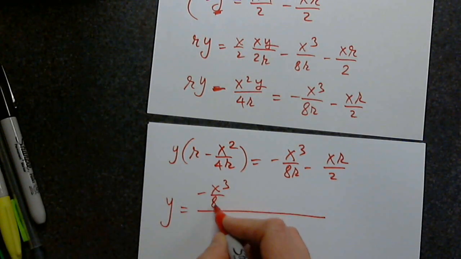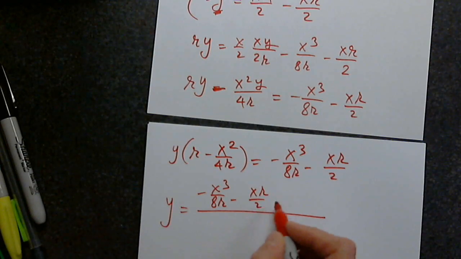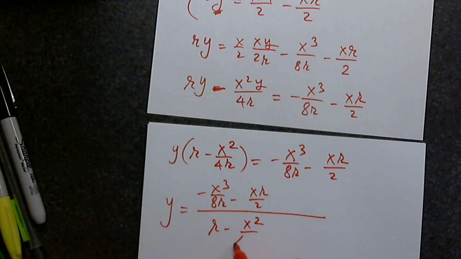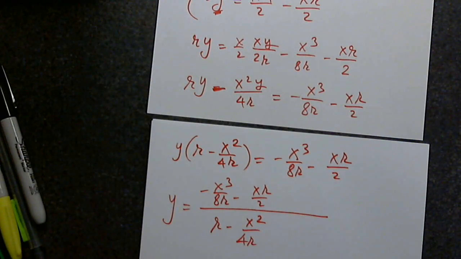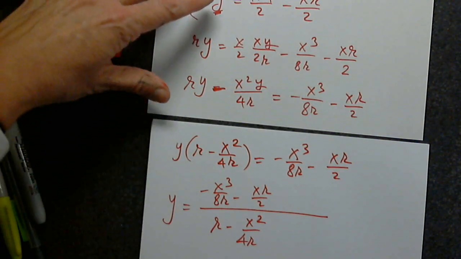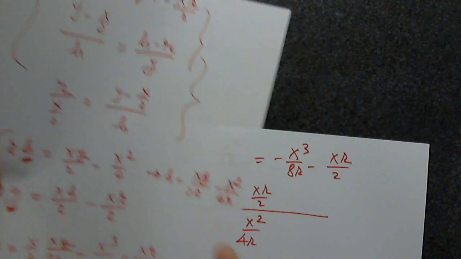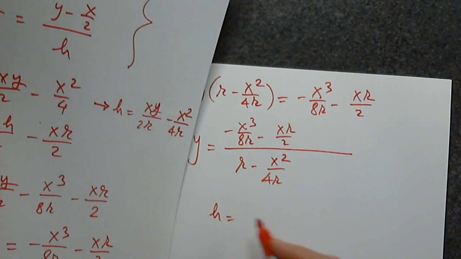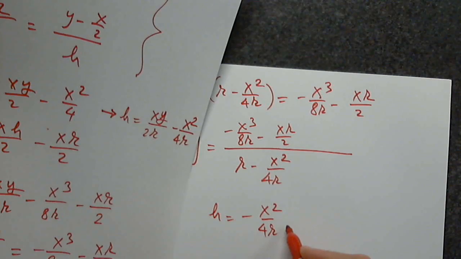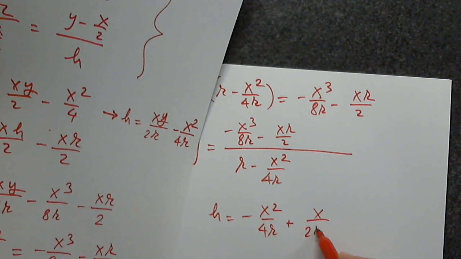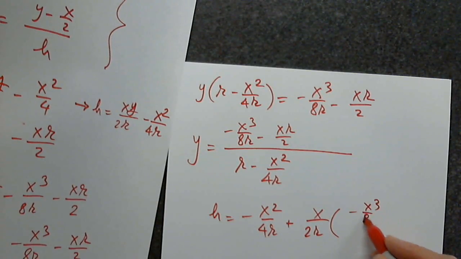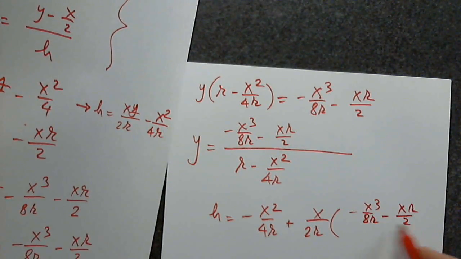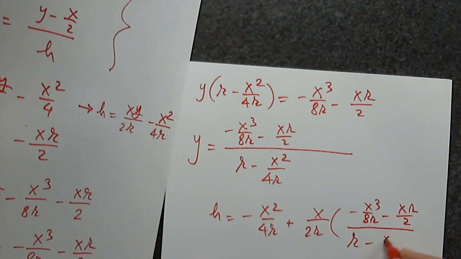I will think about it and see if I can get an easier way. And then once we have y, I'll replace it in h. So then h will be negative x squared over 4r plus x over 2r multiplied by all that: negative x cubed over 8r minus xr over 2, over r minus x squared over 4r.